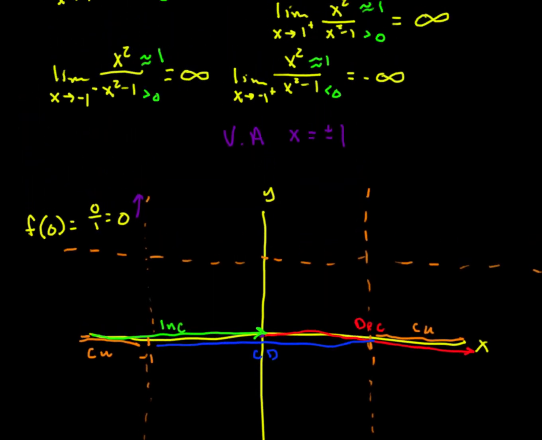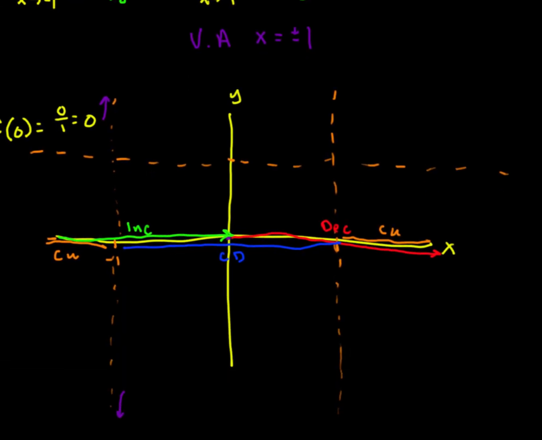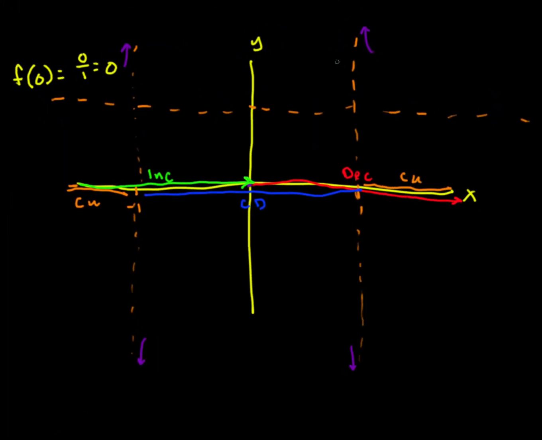At 1 from the left, it's going to negative infinity, and from the right, it's going to positive infinity. So putting the finishing touches on this, let me erase this because it's in a bad spot.